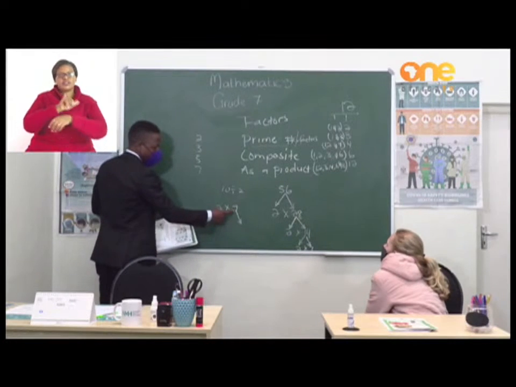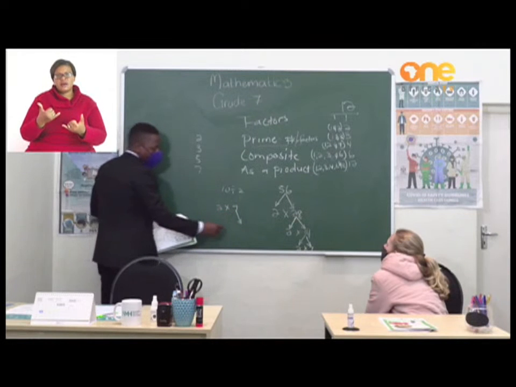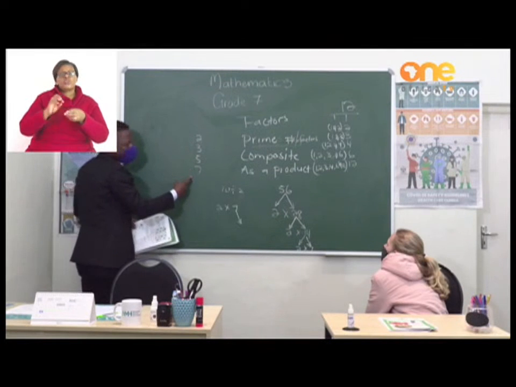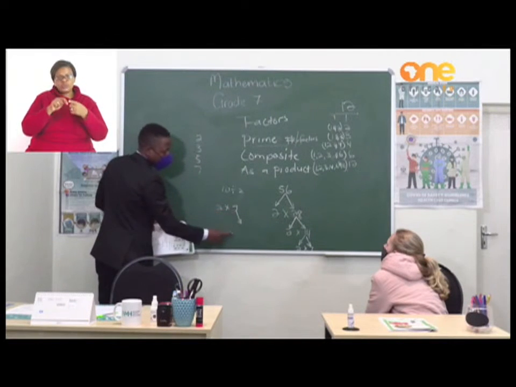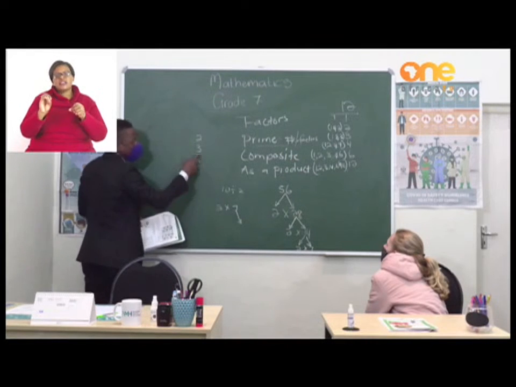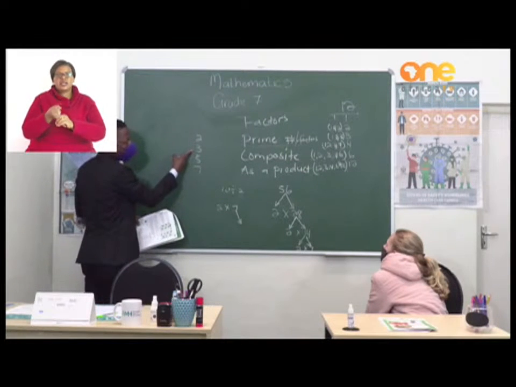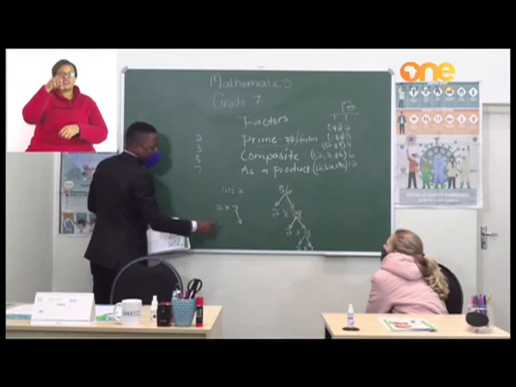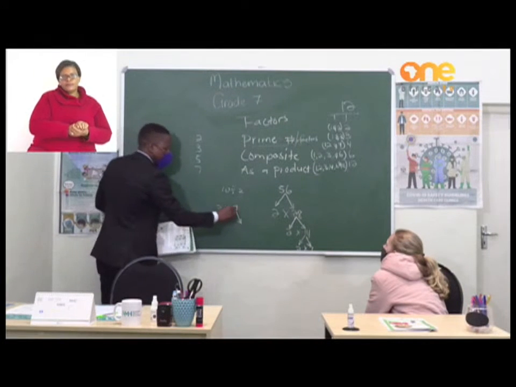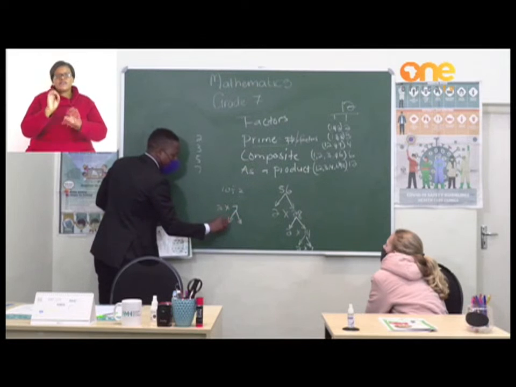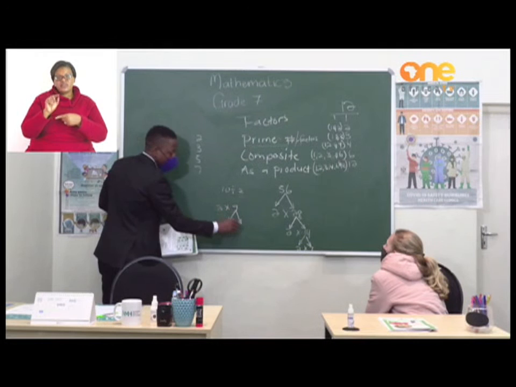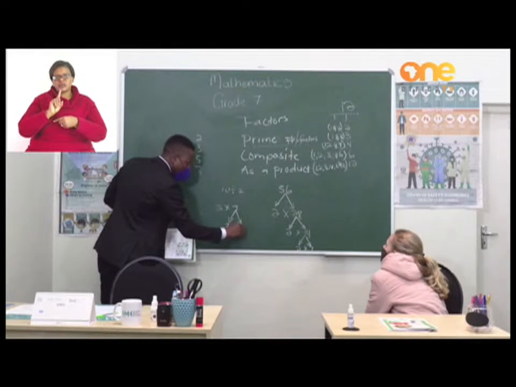So I have to use a prime factor on this list that will divide into 7 to give me a whole number. 2 cannot, 3 cannot, 5 cannot, 7 can. So 7 goes into 7 one time.